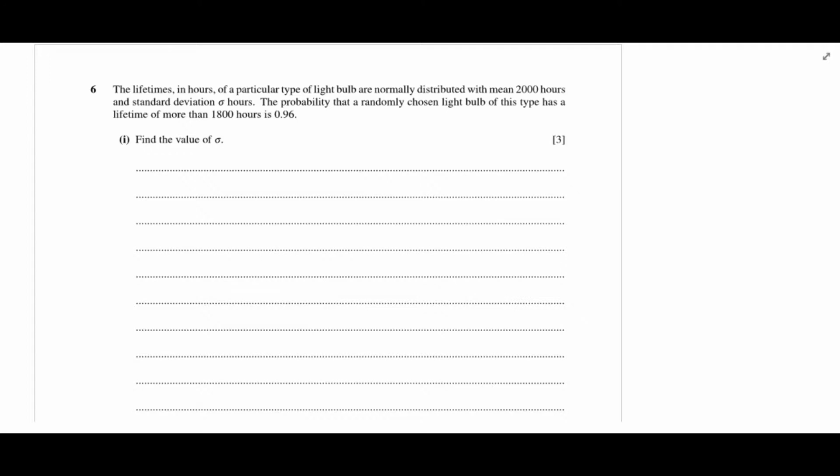Okay, in this question, we have been given that the light bulbs are normally distributed with a mean of 2000 and standard deviation sigma. The probability that the life is more than 1800 is 0.96. We need to find the value of sigma.